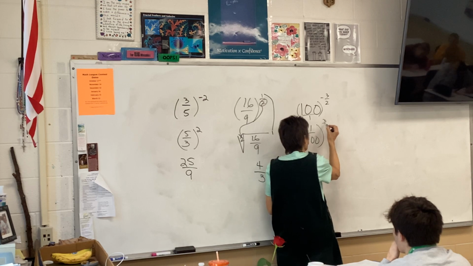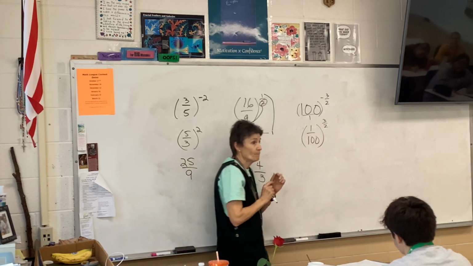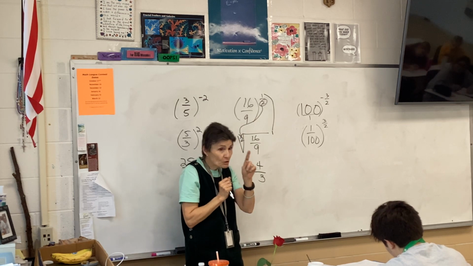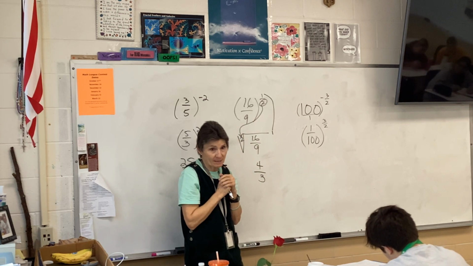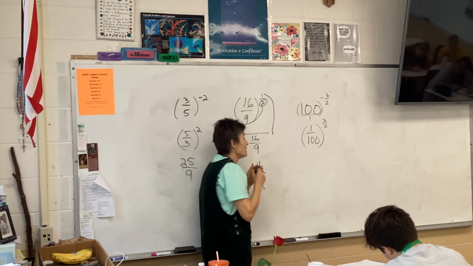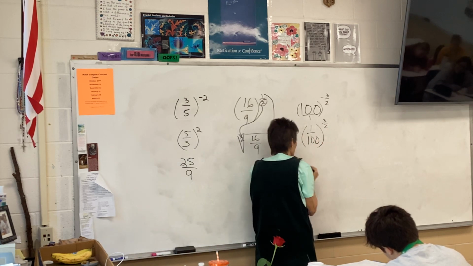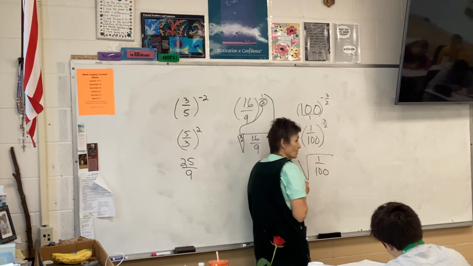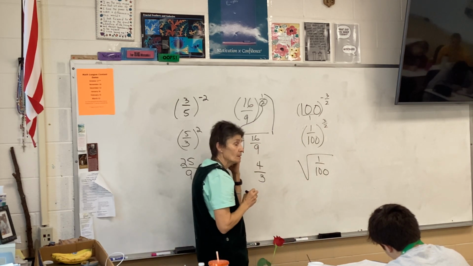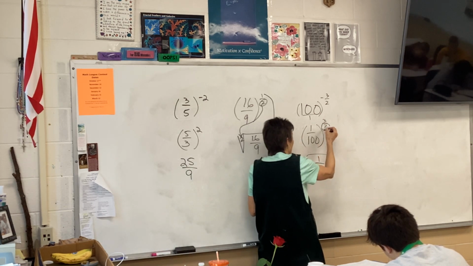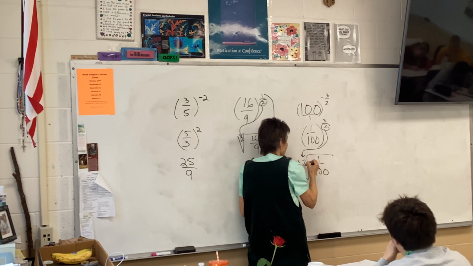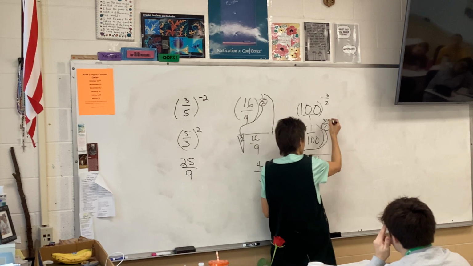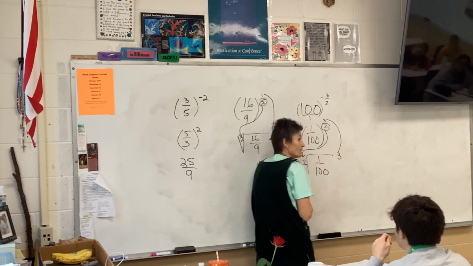And the power is 3/2. Do not change your power. All you do to the power is make it positive. Now, it's a fraction. It's a radical. Under the radical is 1 over 100. The denominator tells me this is going to be another square root problem. And this time I am going to cube it.